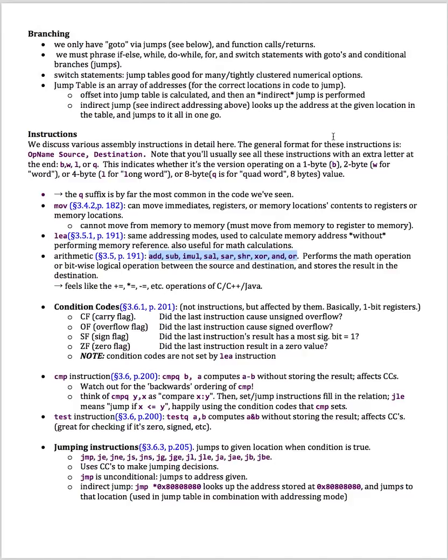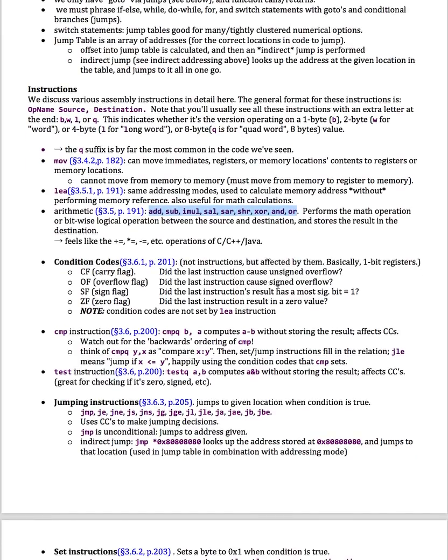All these operations except LEA set something called condition codes, which are 1-bit special registers that are set in parallel as a side effect of these arithmetic operations.